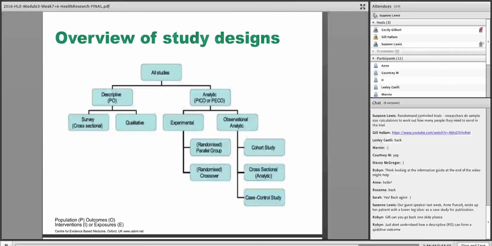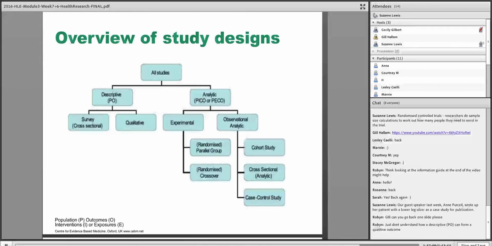Yes, I do, Jill. First of all, I just say to everyone, don't stress out too much about study design. It's really just important to be aware of the terminology. You don't have to be an expert on the nuts and bolts of all the methodologies. But basically, there's the two types of study designs.